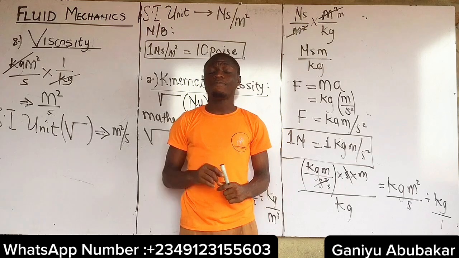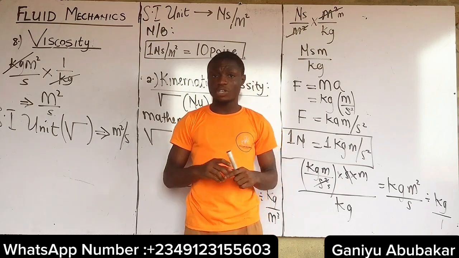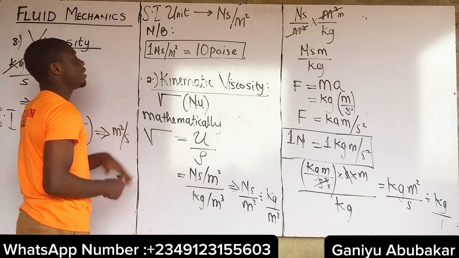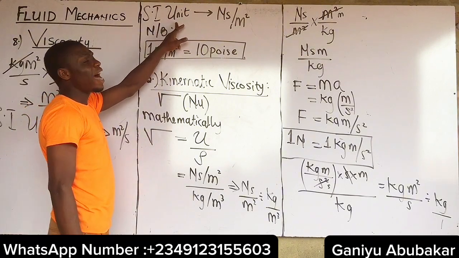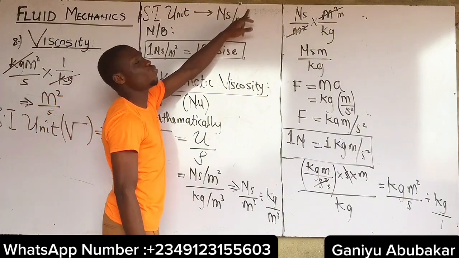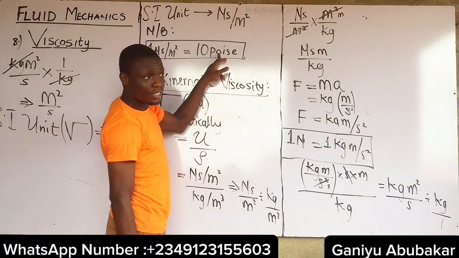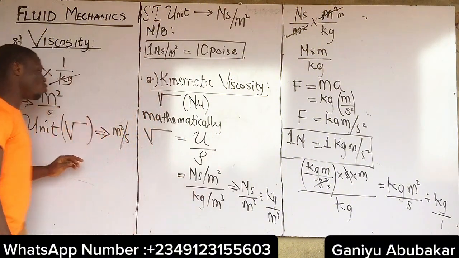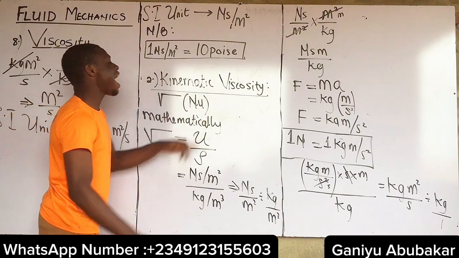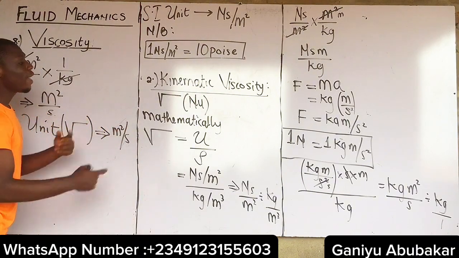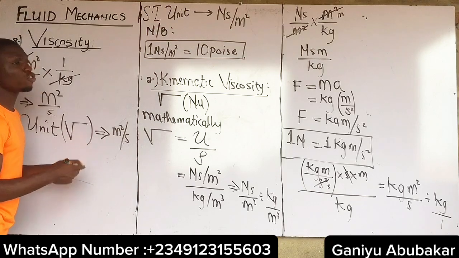Alright, one more thing before we dive into solving past questions. When it comes to dynamic viscosity, I said aside Newton second per meter squared, dynamic viscosity can be measured in what? In terms of poise. The same thing applies to kinematic viscosity. Aside meter squared per second, kinematic viscosity can be measured in terms of Stokes.